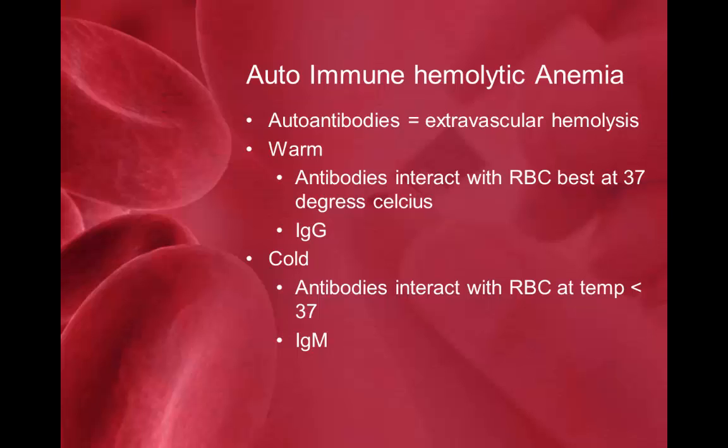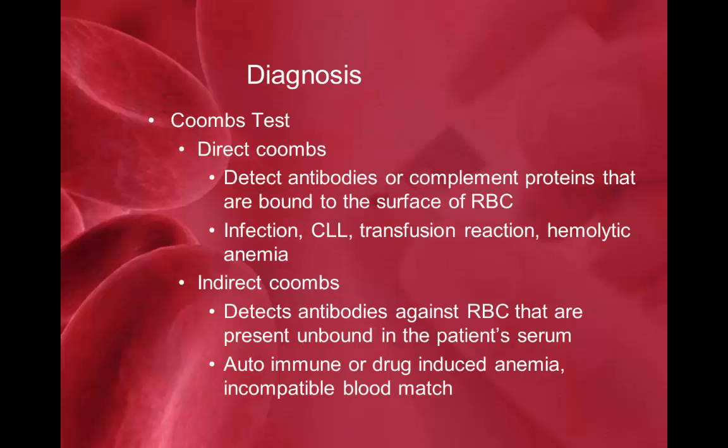You could see antibodies that interact with the RBC. You could see IgG present. You could see antibodies that interact with the RBC at cold temperature with an IgM as well. You could do a Coombs test, which is direct or indirect. Basically, remember that these are proteins bound to the surface of the RBC that, in the presence of hemolysis, are elevated.